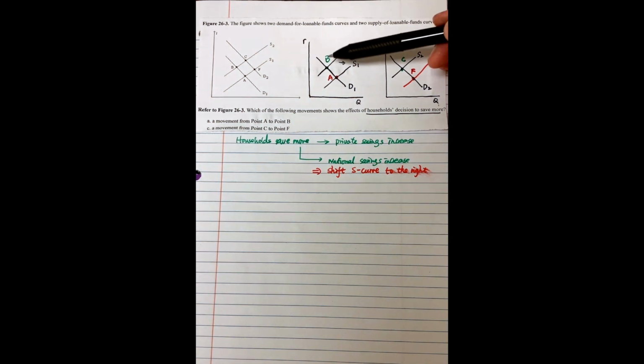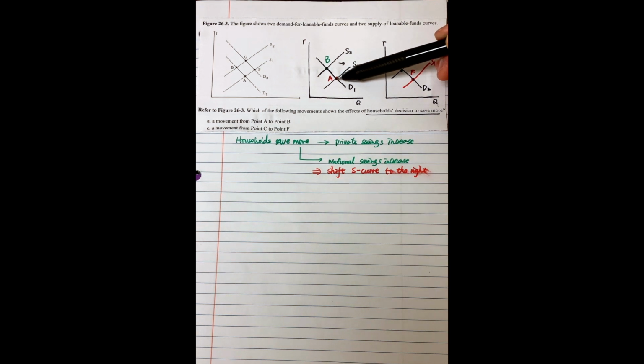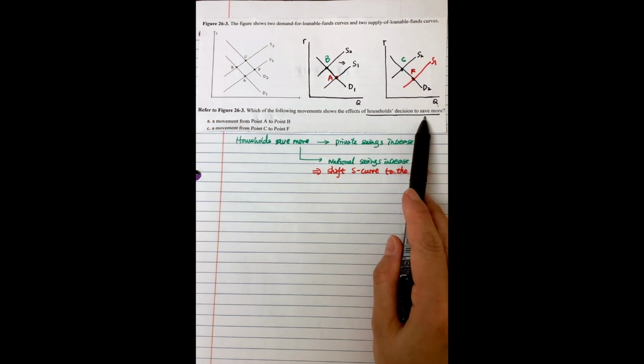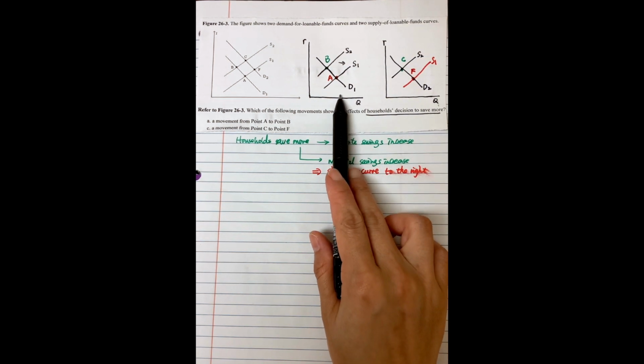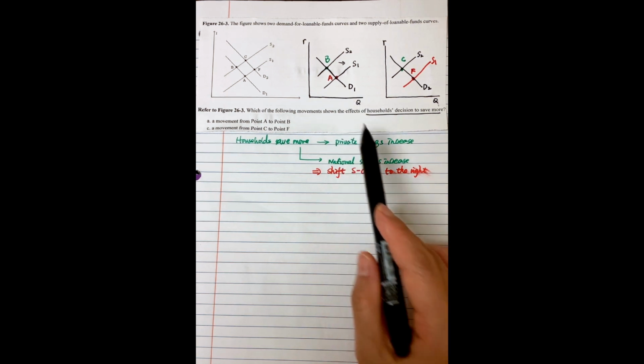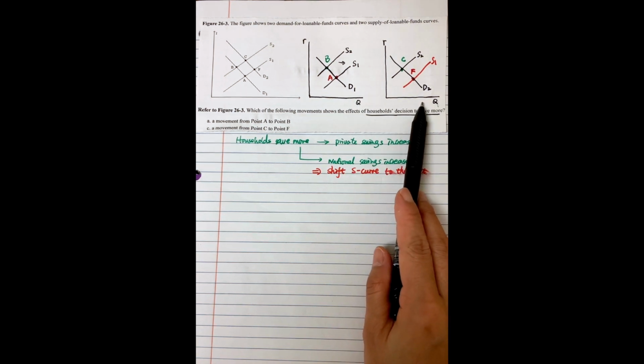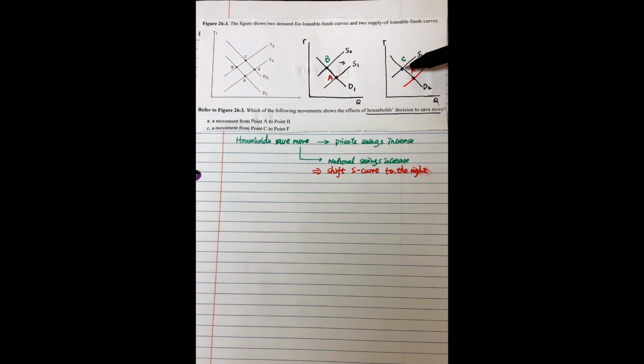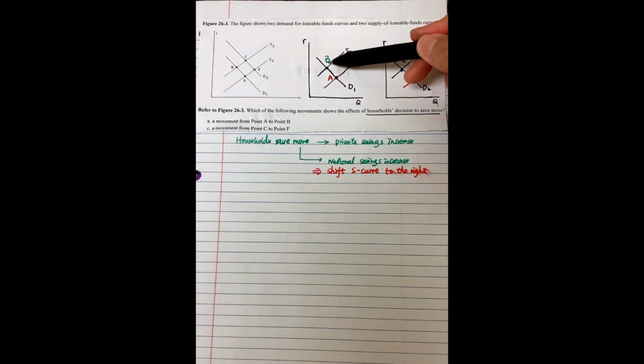One is movement from B to A, which reflects households' decision to save more if we have the demand curve as D1. Or if the demand curve is D2, then it could be the movement from C to F.